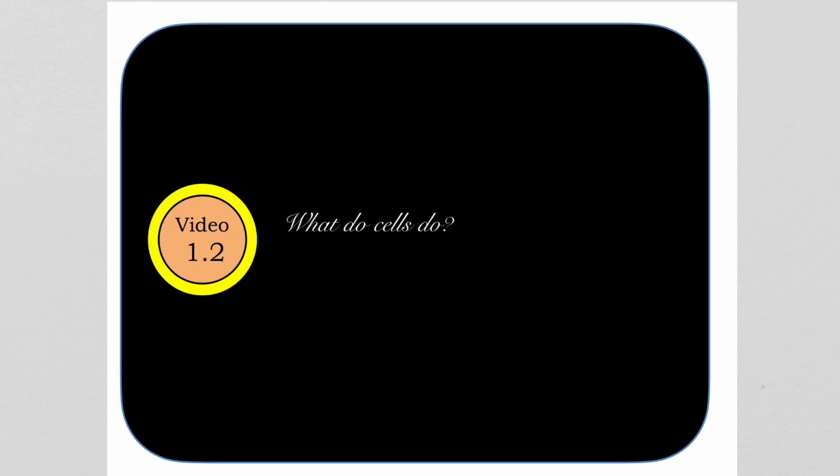One of the very important questions for the healthcare professional to understand is, what do our cells do? Okay, what are the activities that go on in a typical cell in our body?